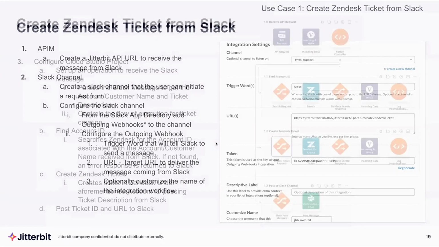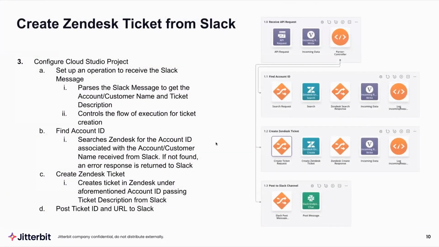And then lastly, the configuration within Cloud Studio itself, where we have our project that has several operations. One is to receive the API message that's coming from Slack, and that's going to parse out the Slack message to get the account and customer name and the ticket description, and then control the rest of the flow. So based on the name, it's going to get an account ID.